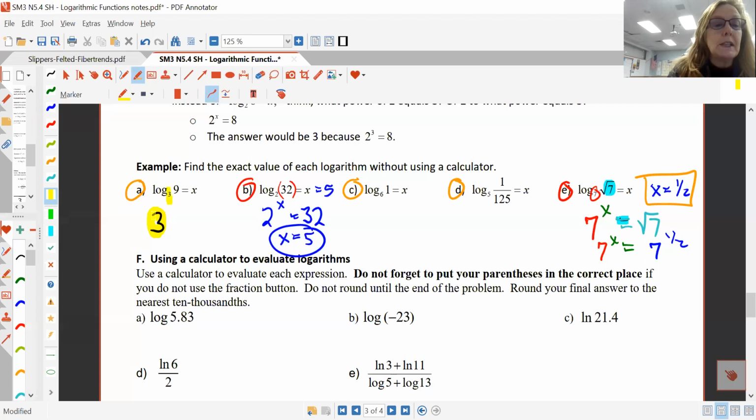Then what happens is you've got to switch out your input versus your output, okay? So right here, 9 is my input, X is my output. That is input.